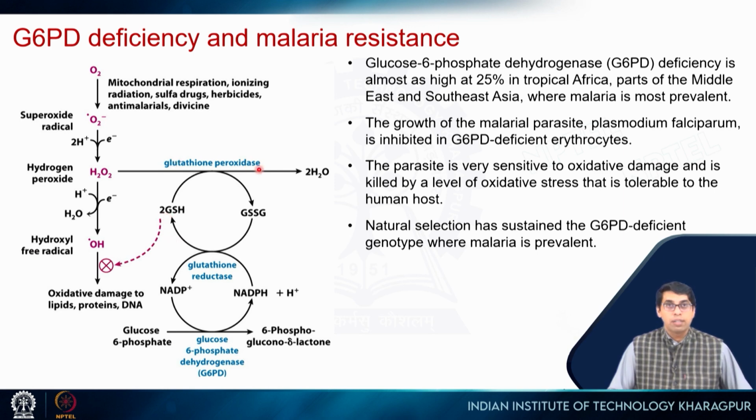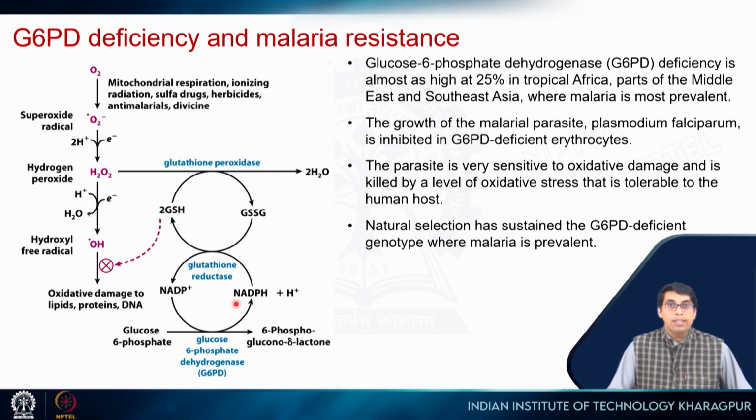Okay. So, these molecules help in consuming this reactive species. Now, glutathione reductase is the enzyme which will result in the production of glutathione from the oxidized glutathione. This is the reduced glutathione, this is the oxidized glutathione. So, that is regenerated by glutathione reductase, okay, and it uses NADPH, right.